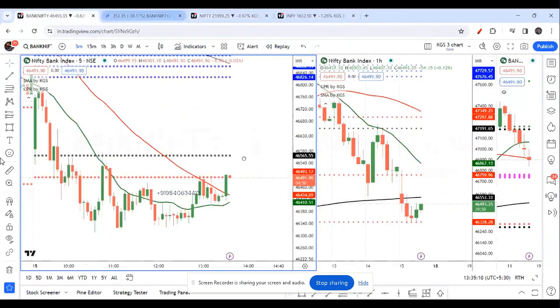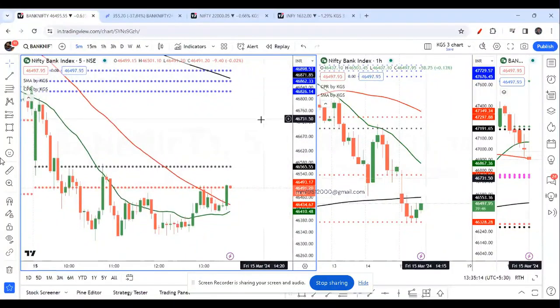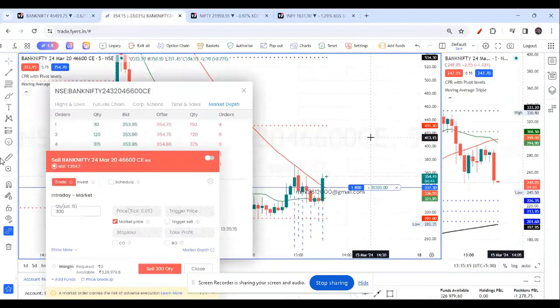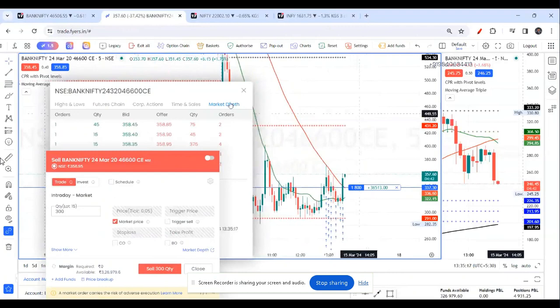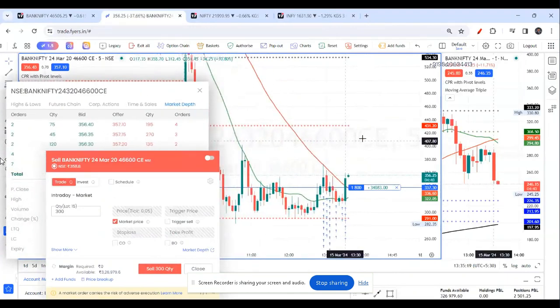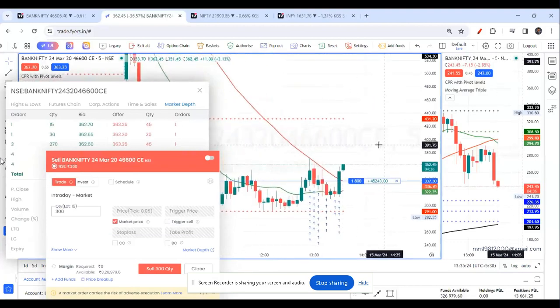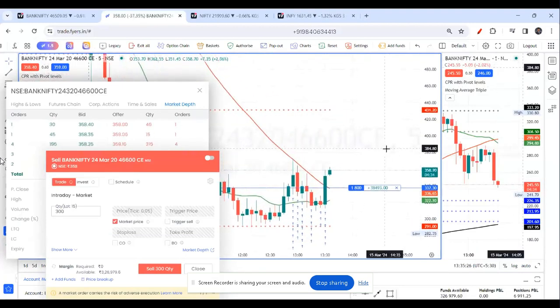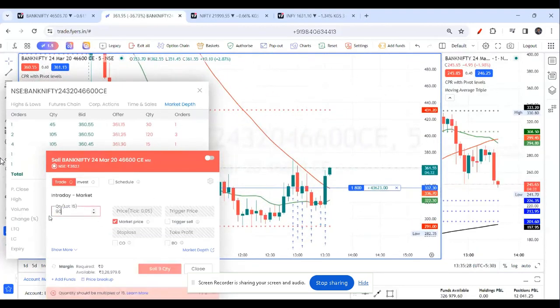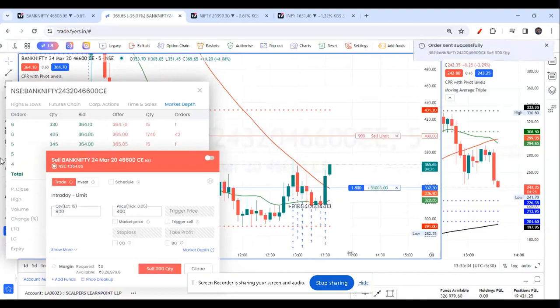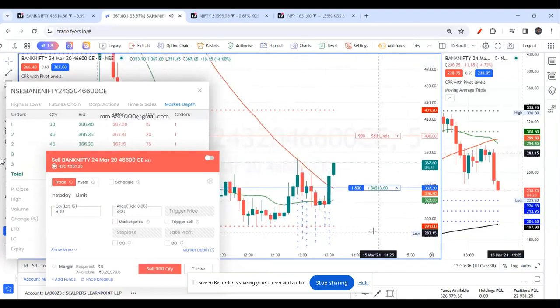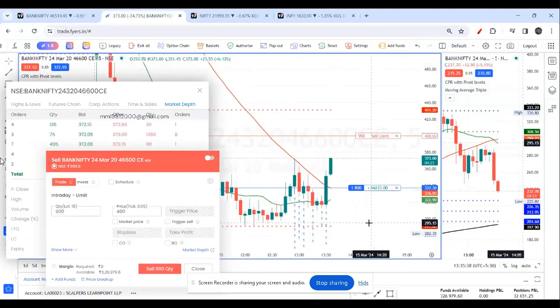So finally the market came above 50. $400 will be my first target.